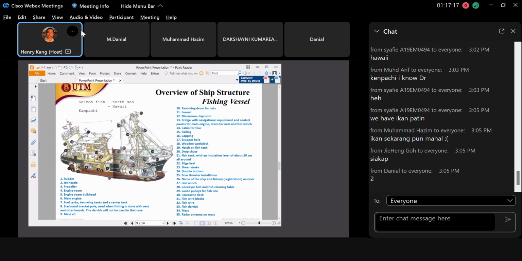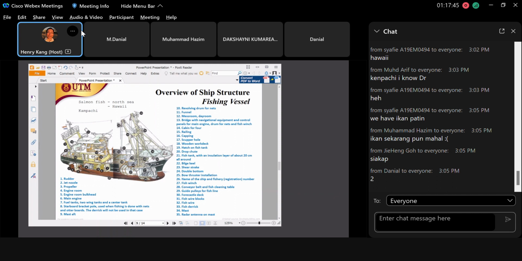But anyway, we can still modernize the equipment, for example the refrigerators, the safety, and the working space for the fishermen. In fact, recently our fishery department, Jabatan Perikanan, has come up with some ideas on how to modernize the fishing boat in Malaysia.